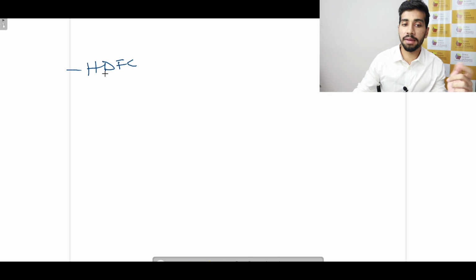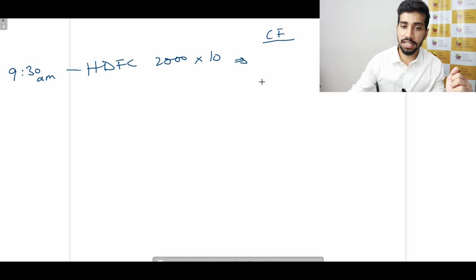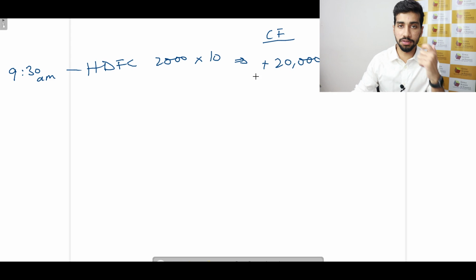Now what we can do is, for short selling, let's assume HDFC. I am selling HDFC at 9:30 a.m. at the rate 2000 rupees, and I am selling 10 shares. So the cash flow is plus 20,000, right?